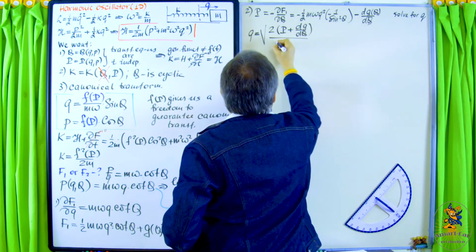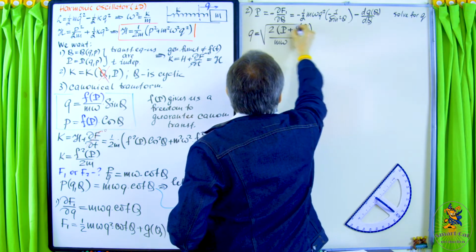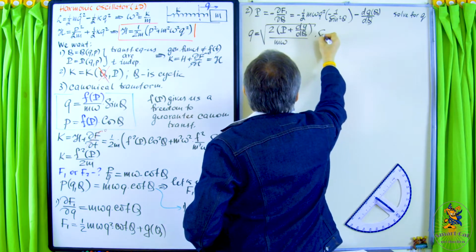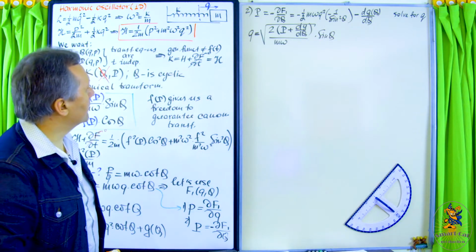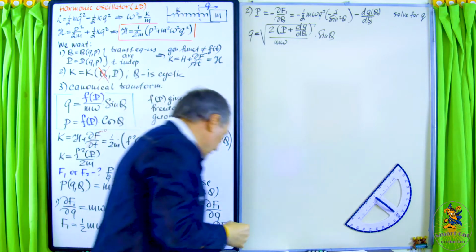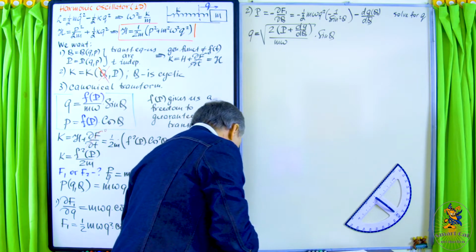Then m omega will be downstairs, and the sine will be outside of the square root, sine q. I think I did it right. Let me check with my notes. Yeah.